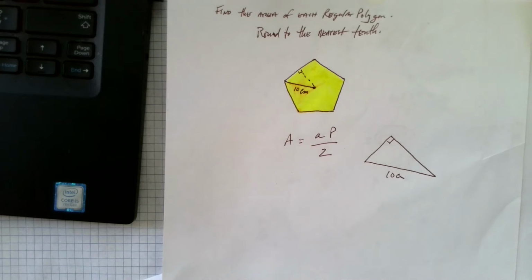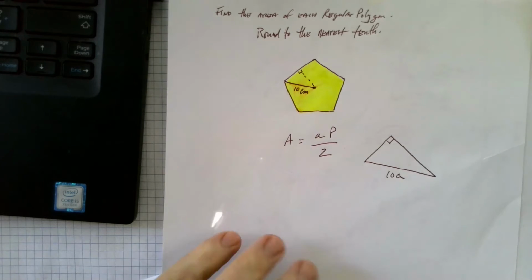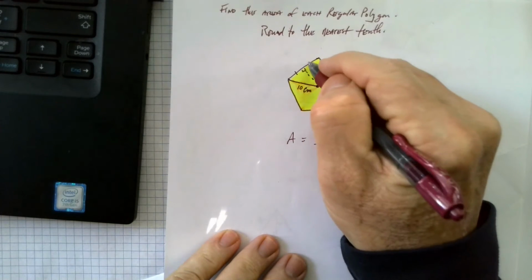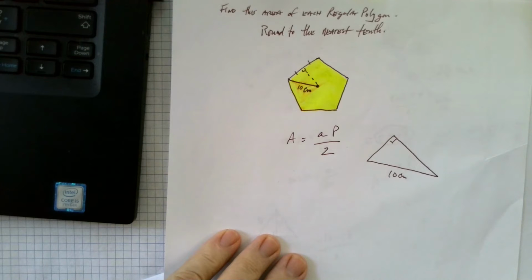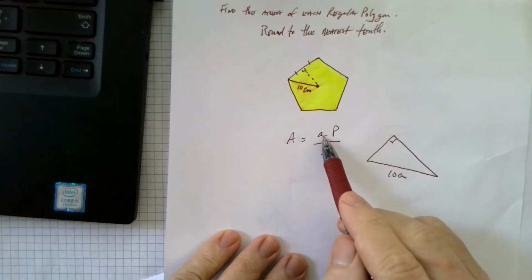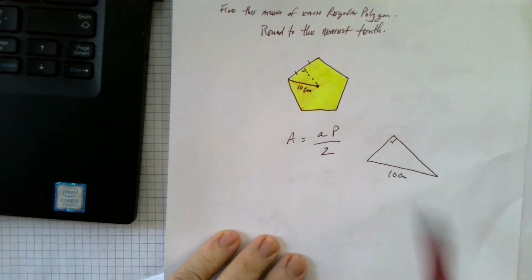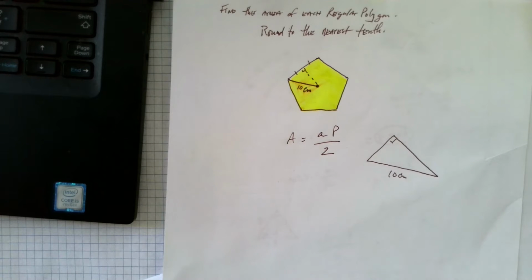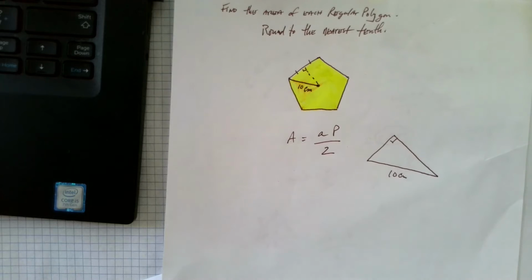I'm going to try to solve that right triangle. If I can, then I know that the apothem cuts that side in half, so I can double it for that side, and then I could find the perimeter, and then divide by 2, and I'd be able to solve this. So it all boils down to, can I solve this right triangle?